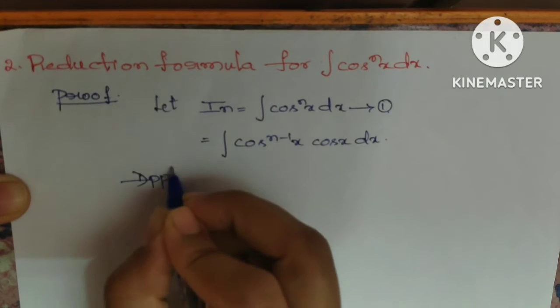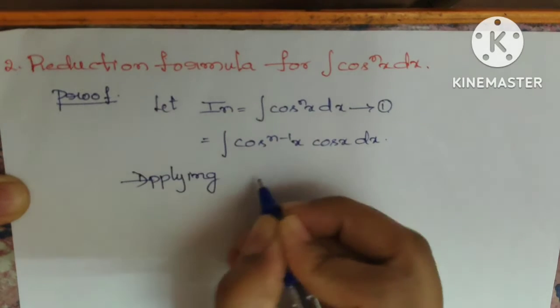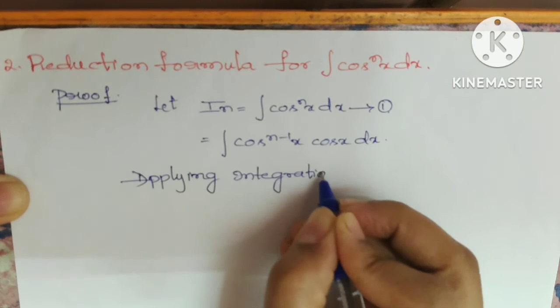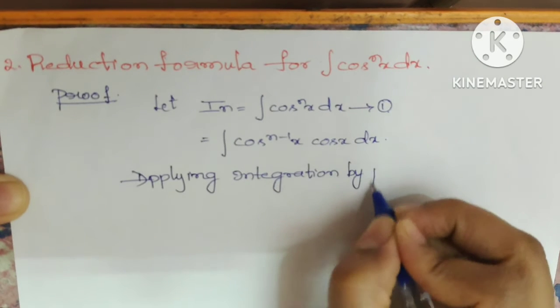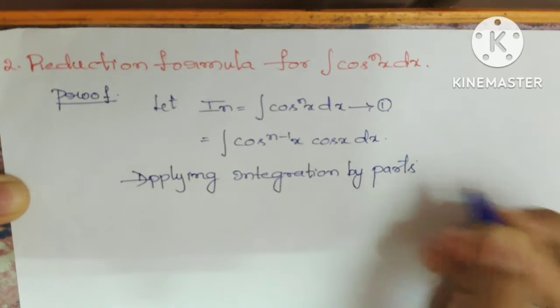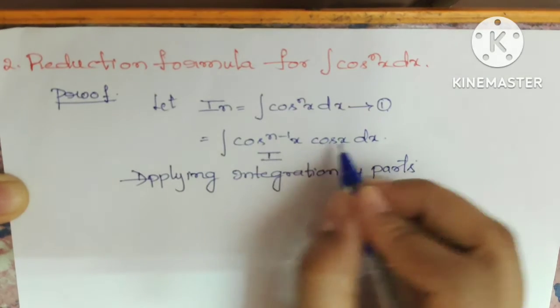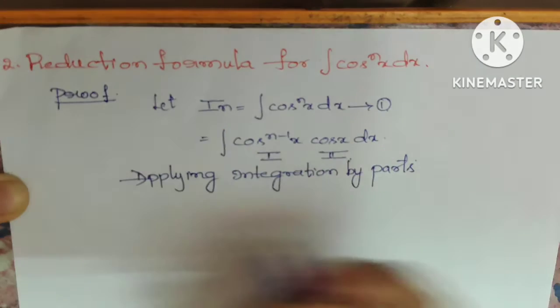Applying integration by parts. Here cos power n minus 1x will be our first function and cos x will be second function.